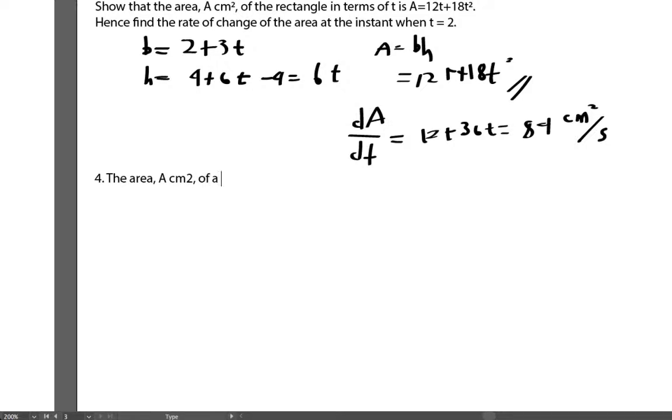The area of a circle increases at a constant rate of 2 centimeters squared second -1, if the initial area of A is 1 centimeter squared.